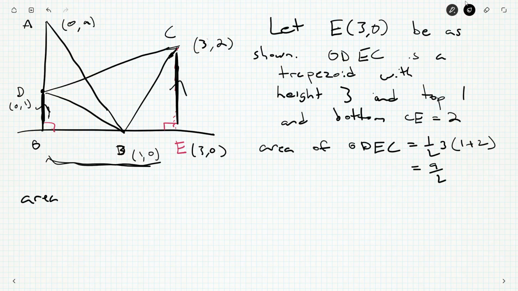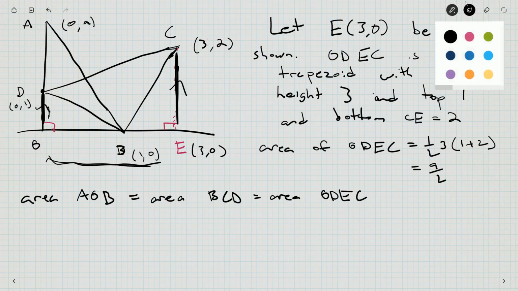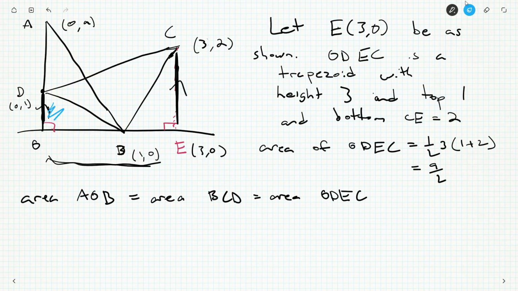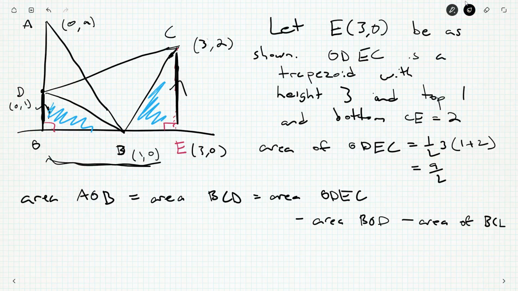So area of AOB is the area of BCD, which is the area of ODEC, minus these two sections here, these two triangles, minus the area of BOD, minus the area of BCE. So this is going to be 9 over 2, which we just worked out.